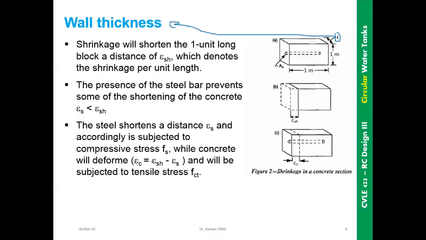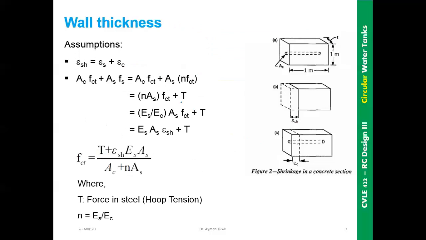And surely this deformation will be distributed partly in the concrete and partly in the steel. So the deformation due to shrinkage equals the part carried by the concrete plus the part carried by the steel. Here it's just a mathematical procedure in order to elaborate, at the end, the relationship between the wall thickness and all the other unknowns.